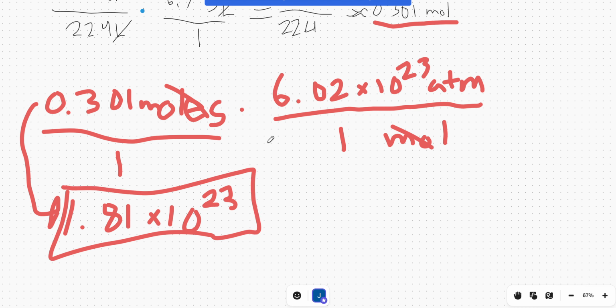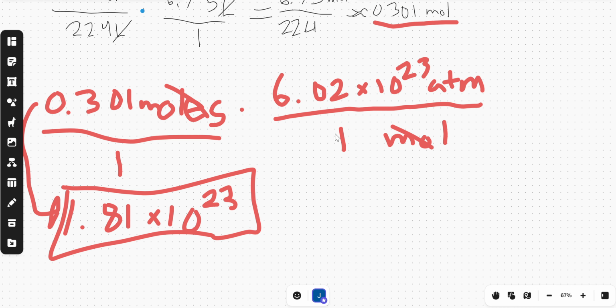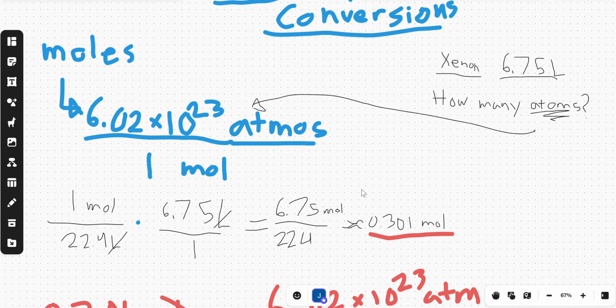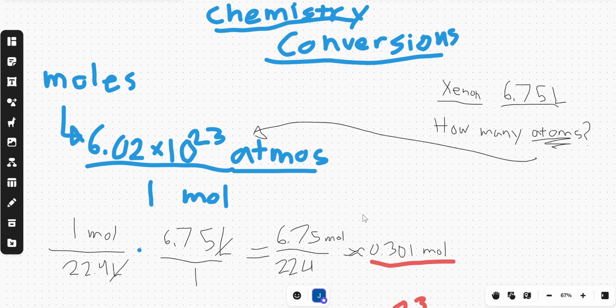So, when it comes to solving equations and conversions, it's important to understand what we're dealing with. In chemistry conversions, moles and atoms are two really big components that are highly used. So when we're converting from moles to atoms or atoms to moles, this is the formula that we use.